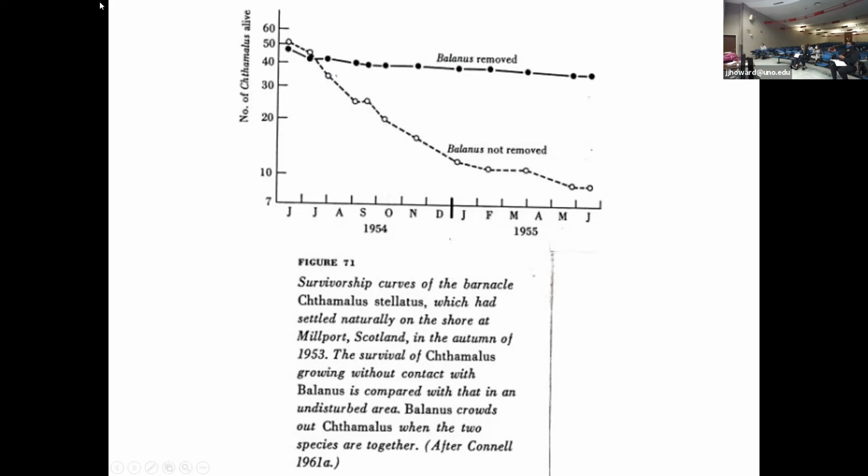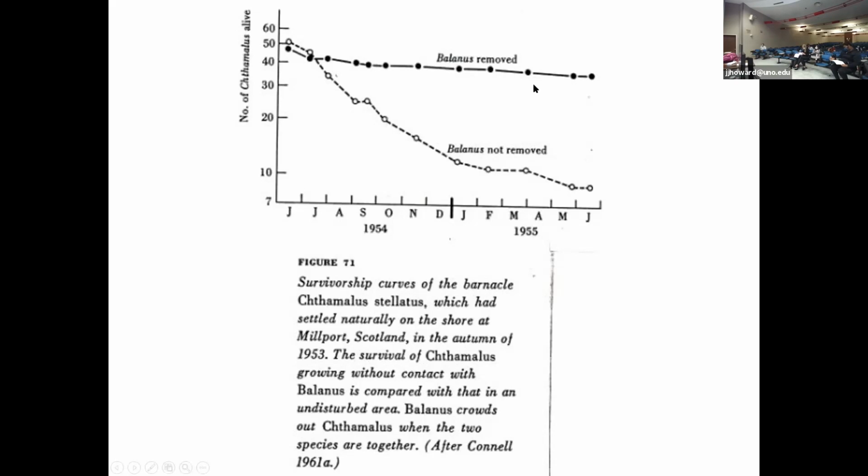If you remove Balanus, so if you go in there and continue to chisel away these competing mussels over, say, a year or so, and prevent Balanus from coming into those areas, Thamnus is perfectly happy right there. Its survivorship is really good. And they form dense patches in the lower intertidal.